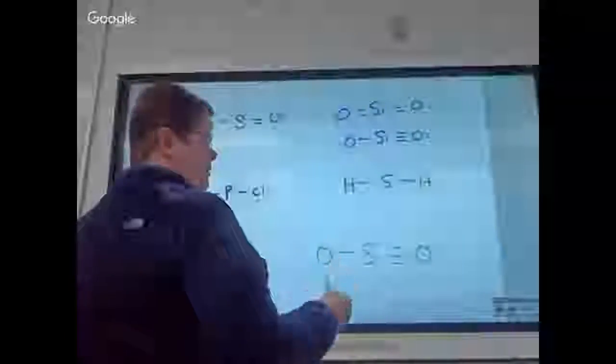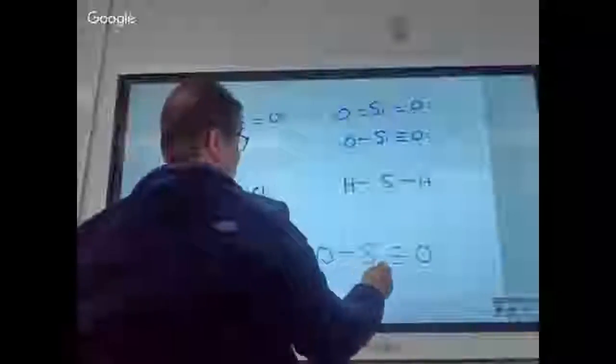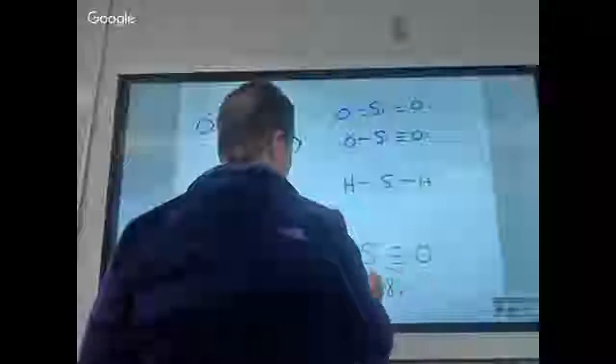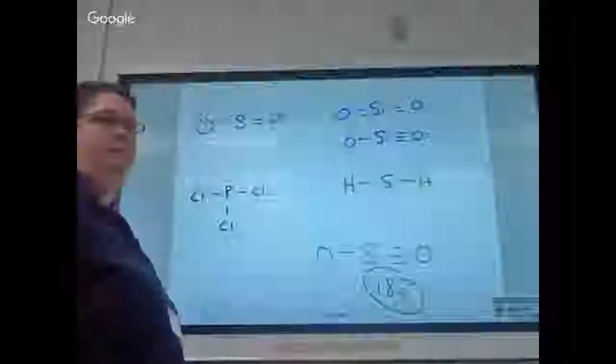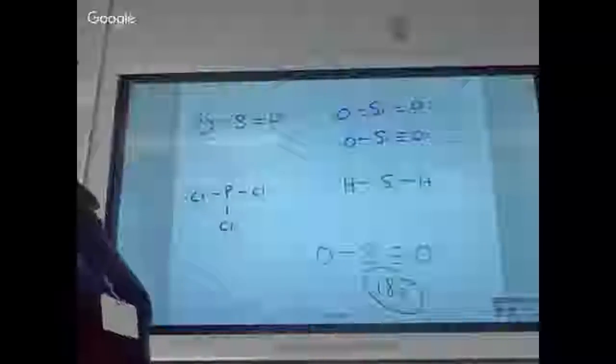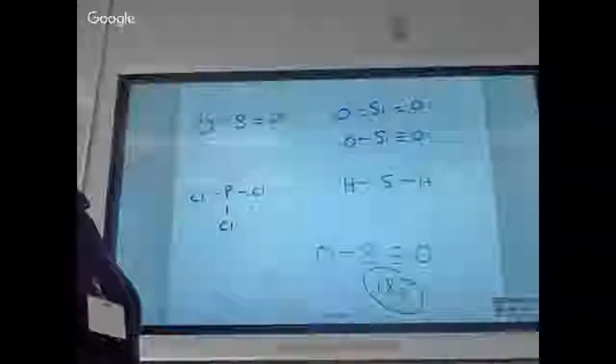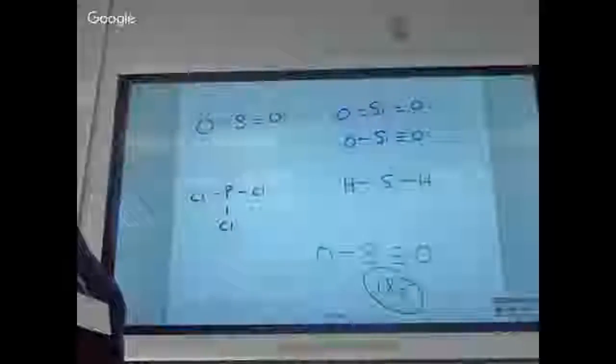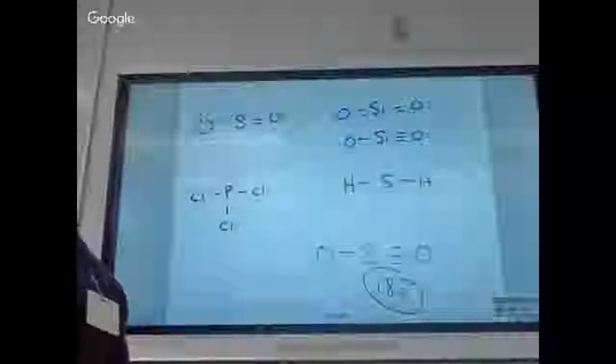Everybody has 8, right? 2, 4, 6, 8, 10, 12, 14, 16, and you have to have 18 electrons, and you only have 16. That's what won't work. Does that make sense?